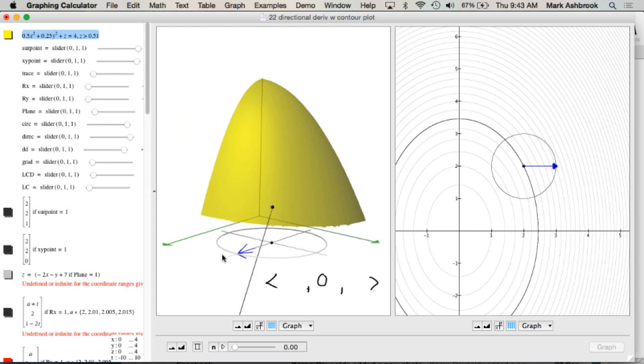And so we need to pick an x component and a y component to give us that rate of change, the easiest pair of values that do that. He's suggesting that we make a change of x of 1, and then the change in z would be the partial with respect to x.